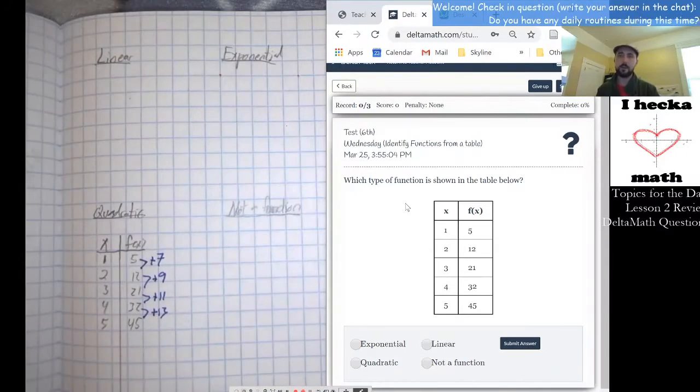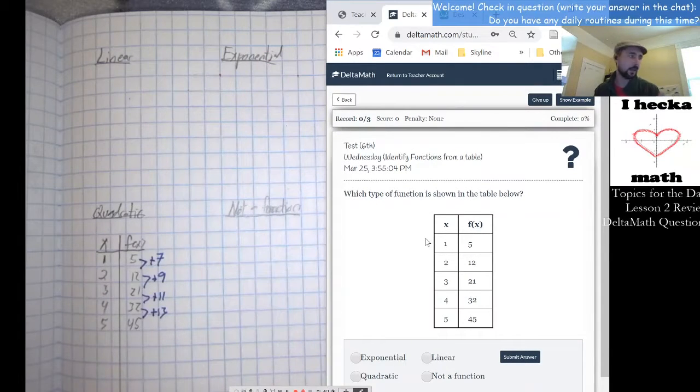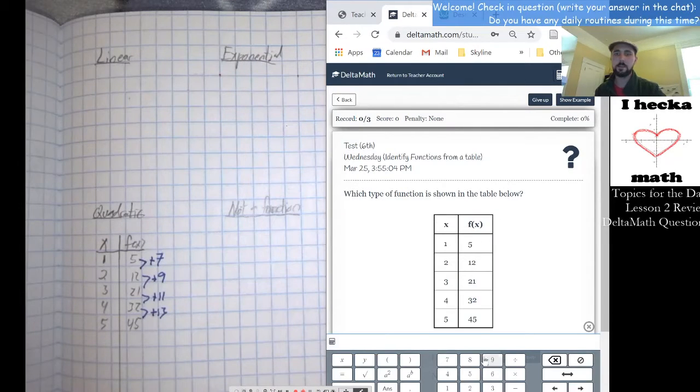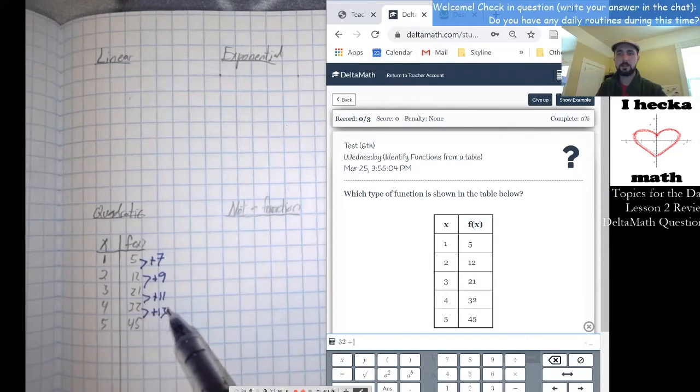Now, if you're not sure on that mental math, that's fine. Go grab a calculator or use the calculator in DeltaMath specifically and check that, right? So if I go to DeltaMath and I do 45 minus 32, I get 13, which is the same thing as 32 plus 13, I get to 45, right?